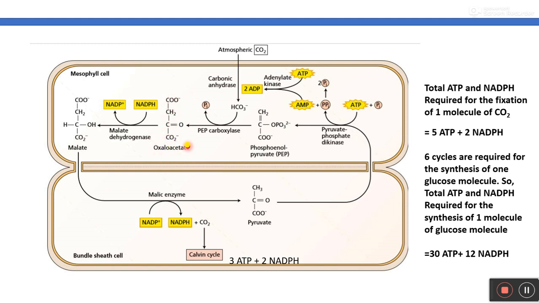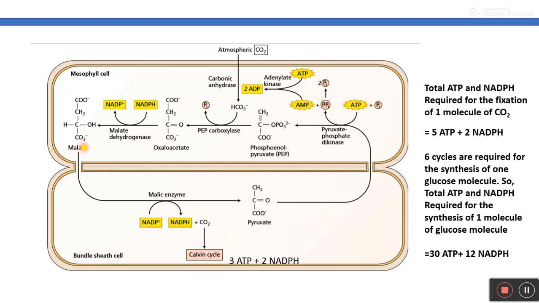And this oxaloacetic acid is now reduced to malic acid or malate at the expense of one molecule of NADPH with the help of the enzyme malate dehydrogenase.